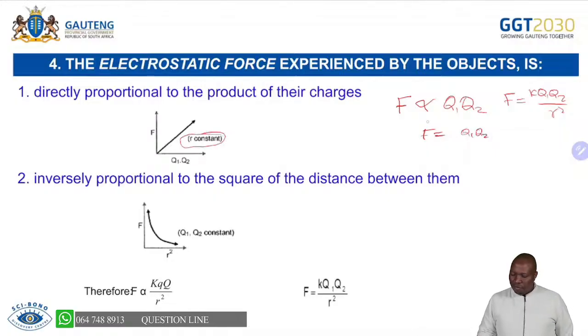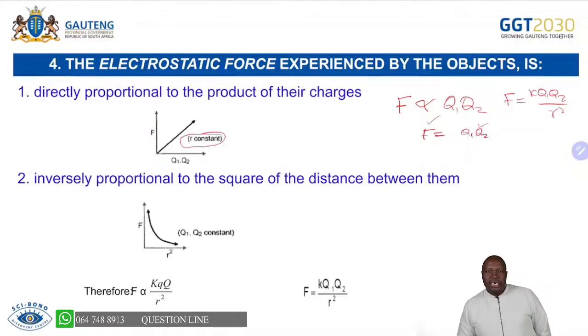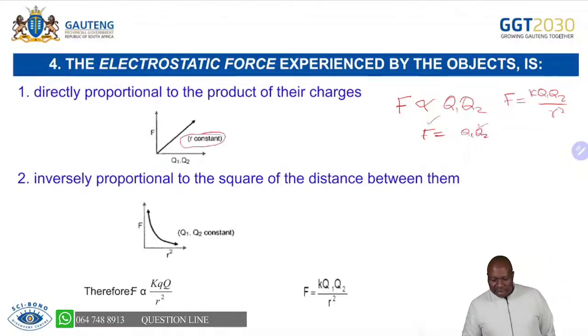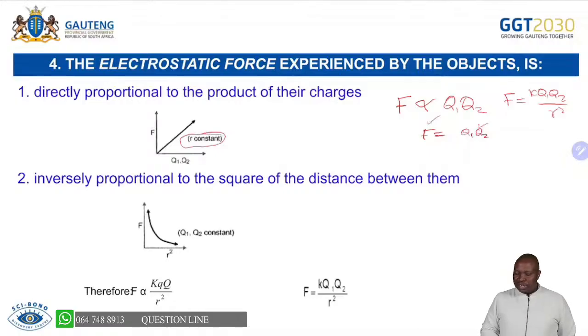So we're saying you have your force on your y-axis and the product of the charges, provided that the distance between them remains the same. You can see the relationship between the force and the product of the charges. The main thing is that as the product of the charges increases, the force increases. Hence, that relationship is a directly proportional relationship. So if you were to draw the graph, you will draw like that.